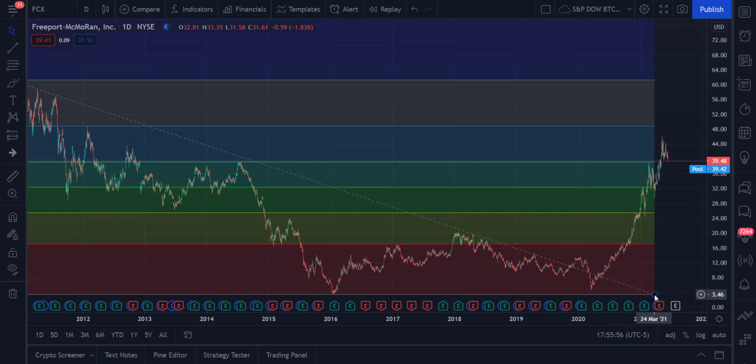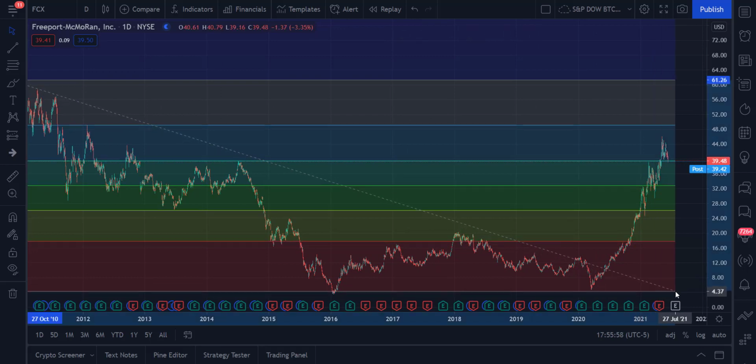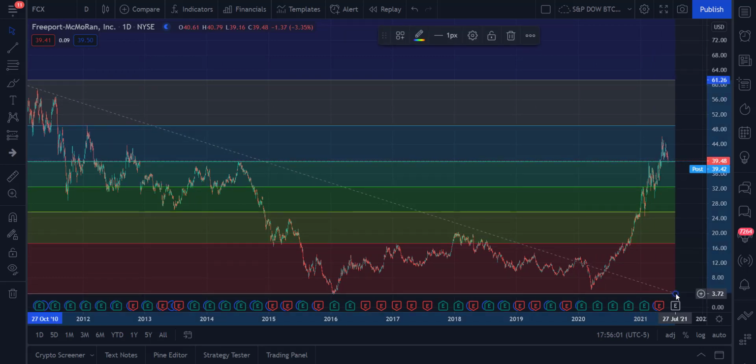Let's see if I can pull it all the way over. I mean, this is nice. I want to see. So the real question is whether or not we're going to first off reach this 78.6% level, which would be at $49.25.